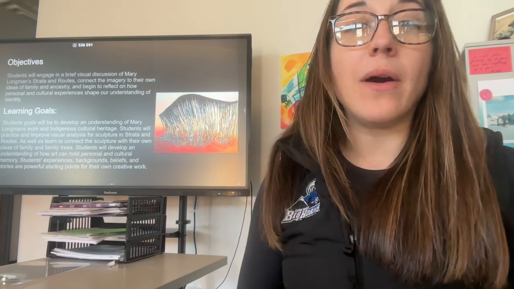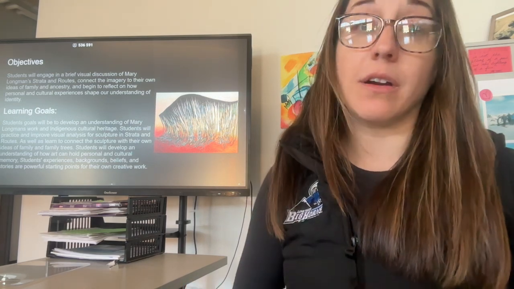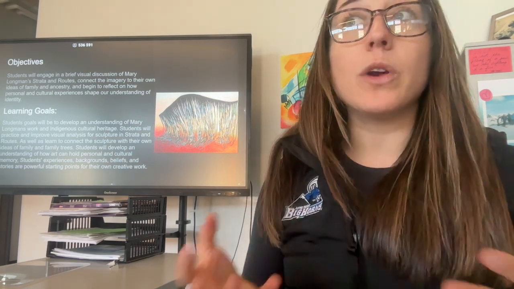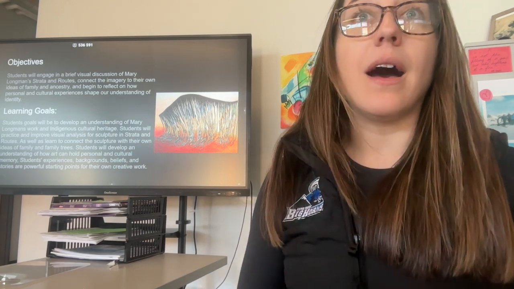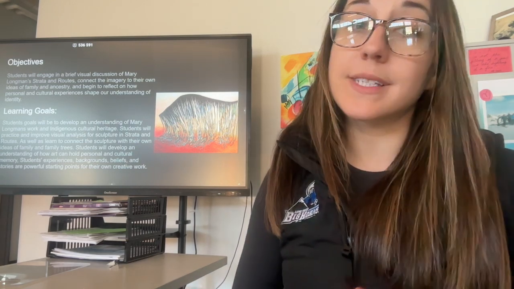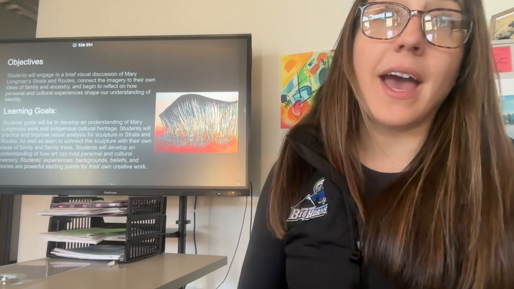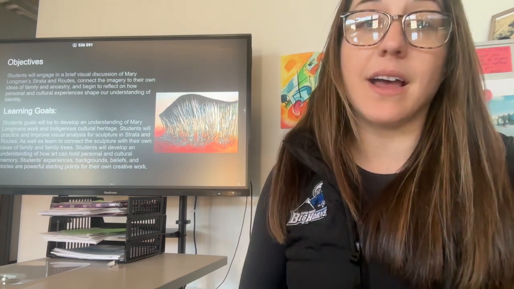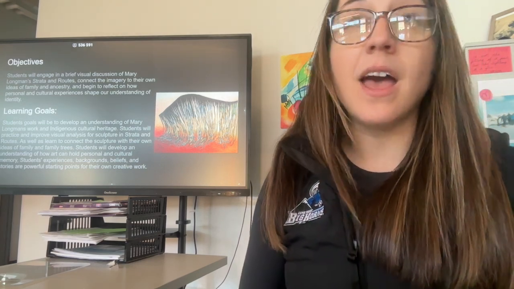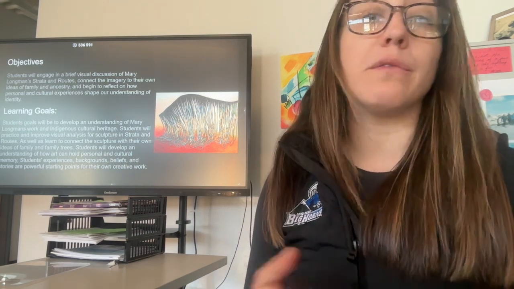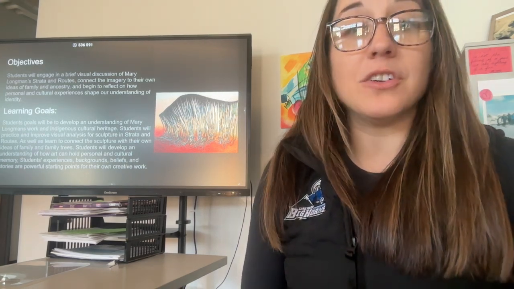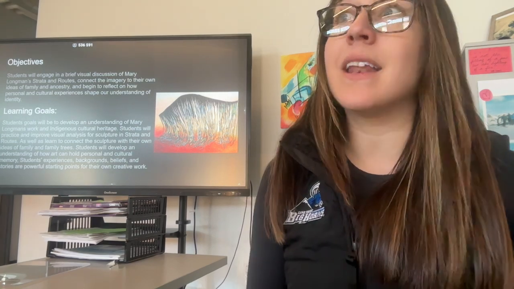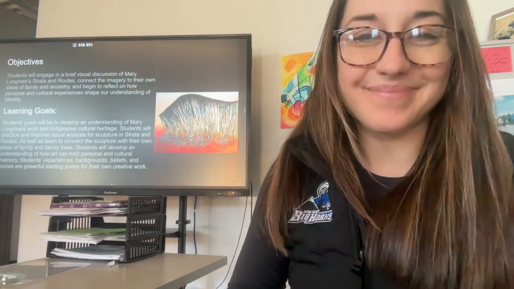And we're going to learn about how Mary Longman, an Indigenous artist, is working through her own cultural identity through a piece called Strata and Roots. And we are gonna have a little time to discuss her imagery and then connect it back to ourselves, our own families, our cultures, and our ancestry to help shape our understanding of our identity and inspire our own artwork.